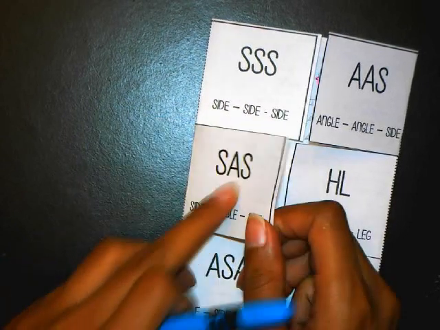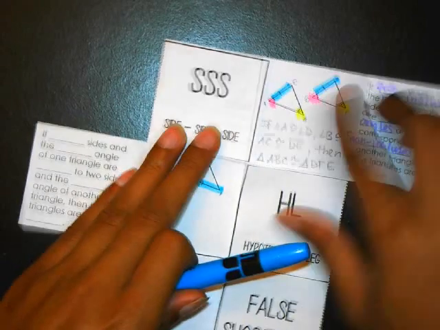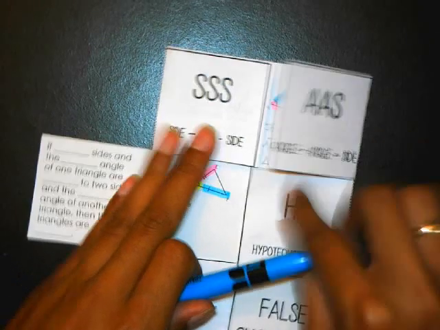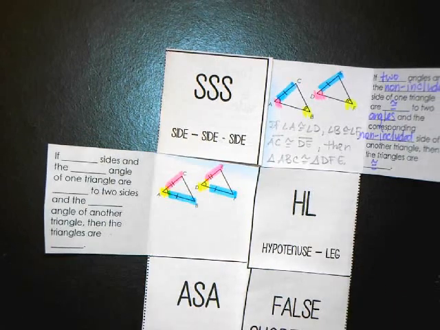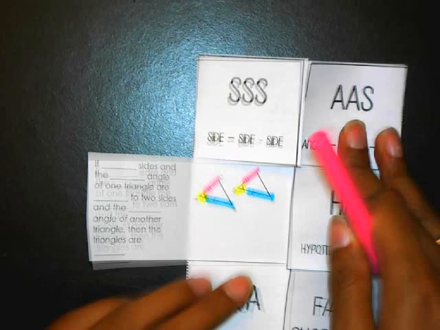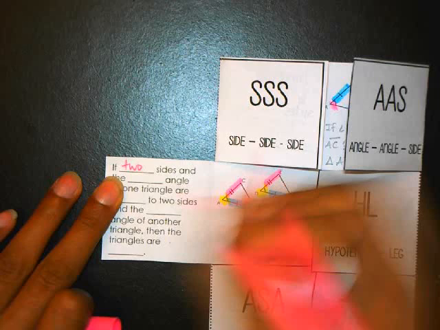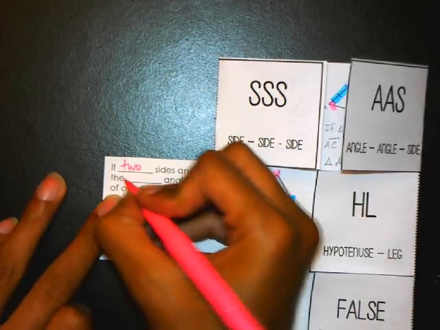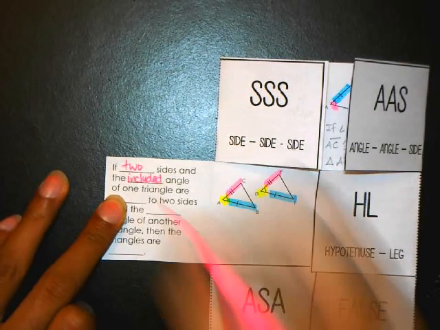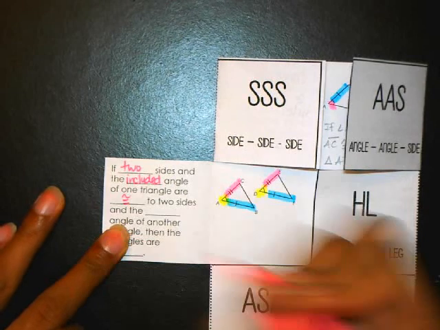Alright, so let's go ahead and write our rule. The rule is if two sides and the included angle, remember included means between, of one triangle are congruent to two sides and the included angle of another triangle, then the triangles are congruent.